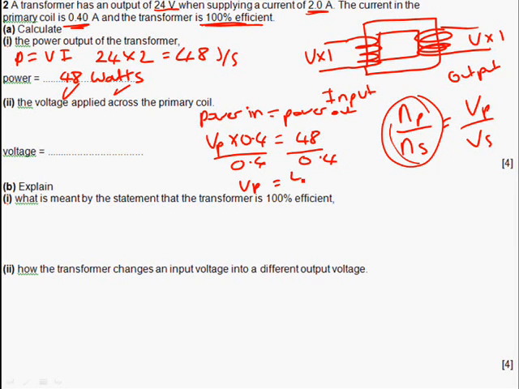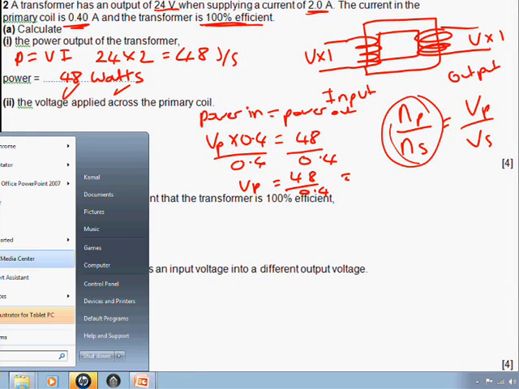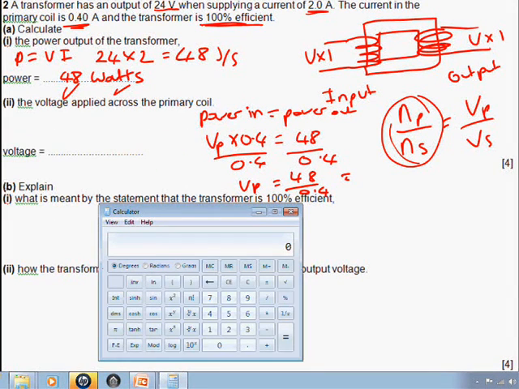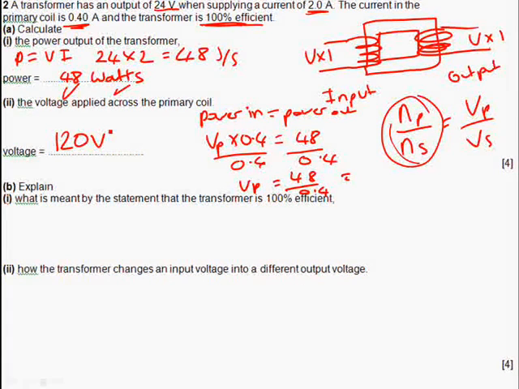Vp equals 48 divided by 0.4. So let's get the calculator. 48 divided by 0.4 equals 120 volts.